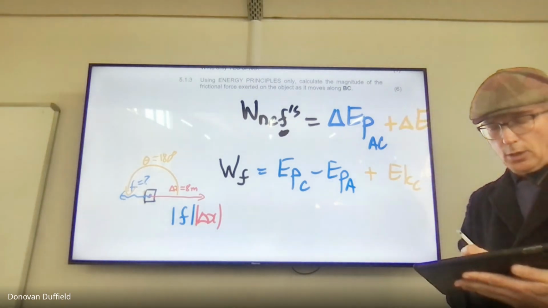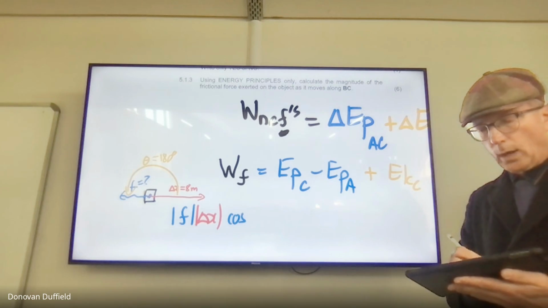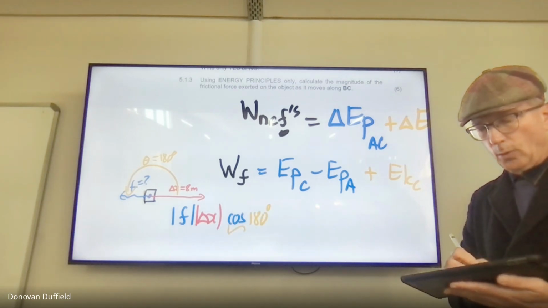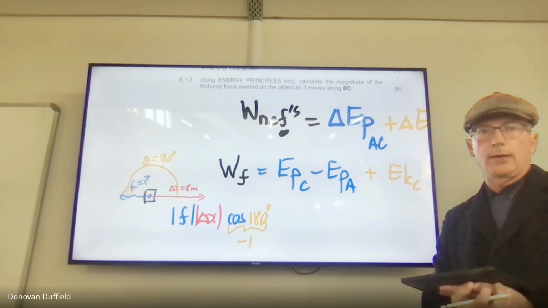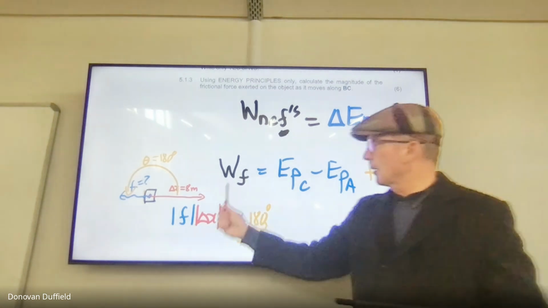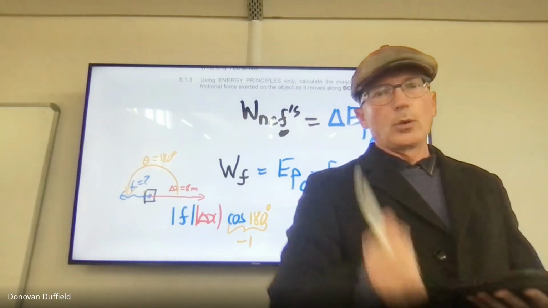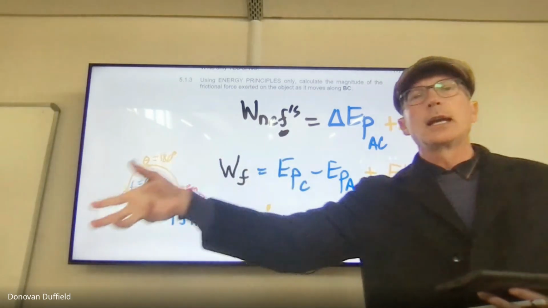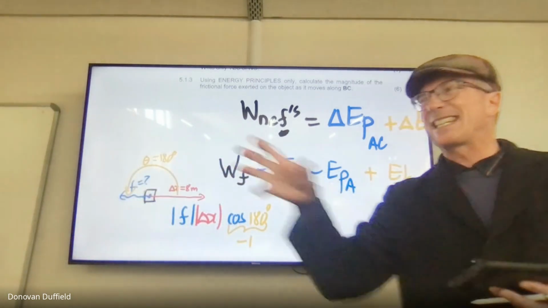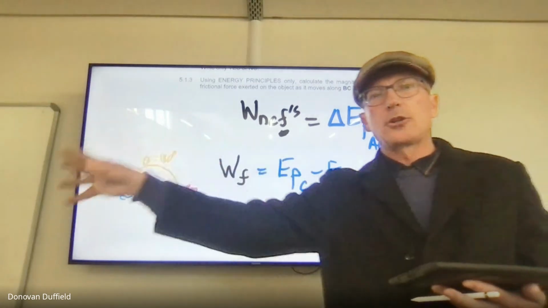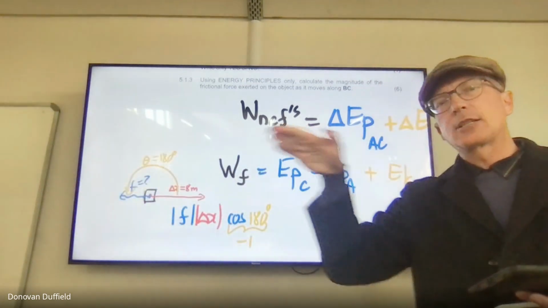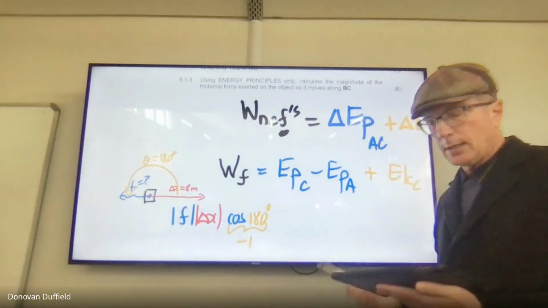And it's going to be cos 180 degrees, which always equals -1. So the work done by your friction will always be negative. Always, because it takes energy out of the system. It saps the energy of the object and hence slows it down. So that's the left-hand side.